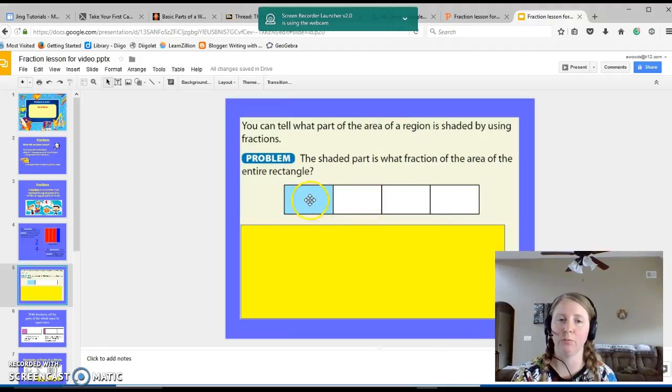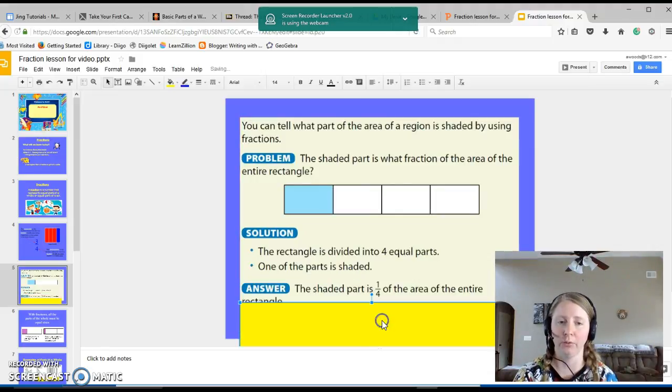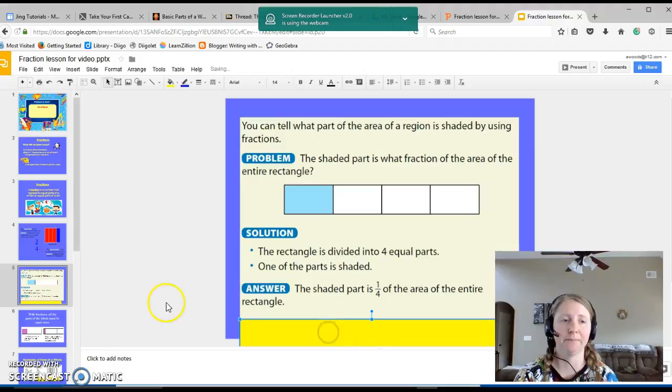Well, I see 1 piece is shaded blue, and out of how many pieces total? Let's count them. 1, 2, 3, 4. Let's see what their solution says. The solution says the rectangle is divided into 4 equal parts, 1, 2, 3, 4, and one of the parts is shaded. So that means the shaded part is 1/4, or 1 out of 4 pieces of the entire area of the rectangle is shaded.